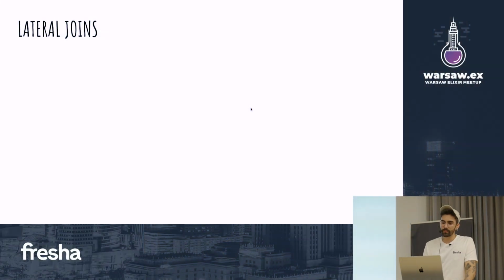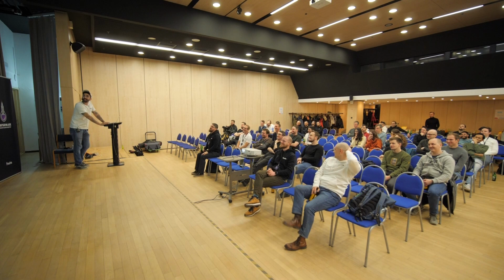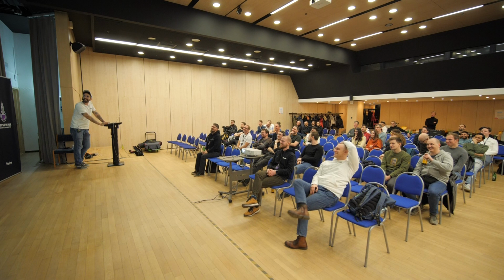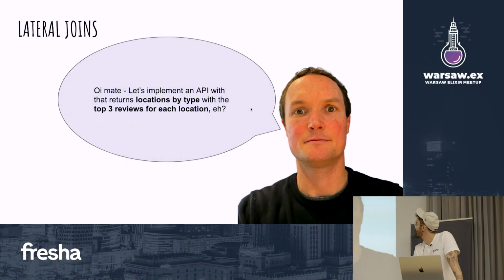Imagine that your product manager comes to you and asks for a feature: let's implement an API that returns locations by type with the top 3 reviews of each location.